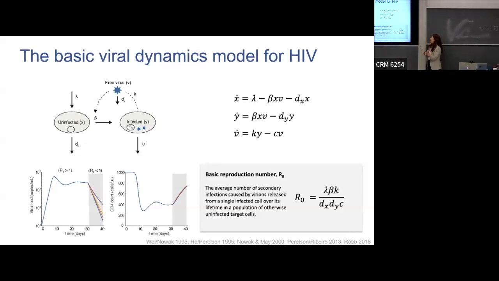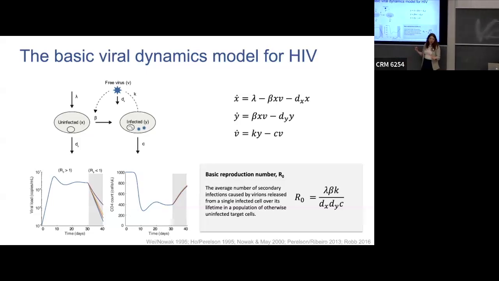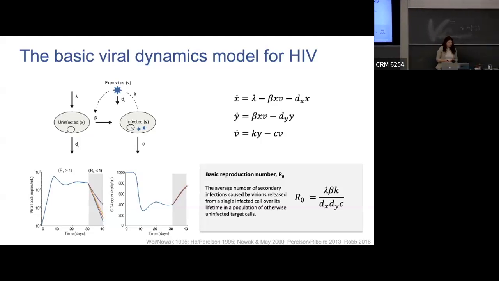When it's greater than one, the infection can grow. When it's less than one, the infection will eventually decrease and go extinct. It changes which of those two steady states is the stable one. And R naught less than one is basically what therapy should be accomplishing. And what we saw even in that early trial is that this leads to infection levels decreasing.